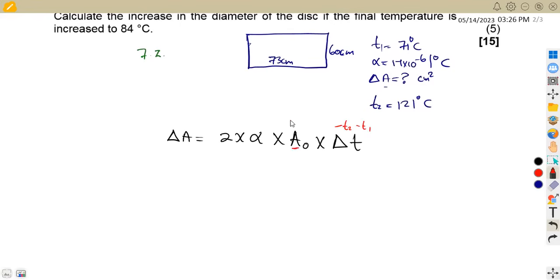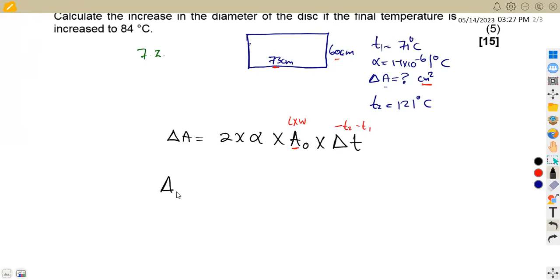The original area is length times width in centimeters. Since we are to calculate in square centimeters, don't change these to meters because your answer is needed in square centimeters. So just substitute your values as they are.